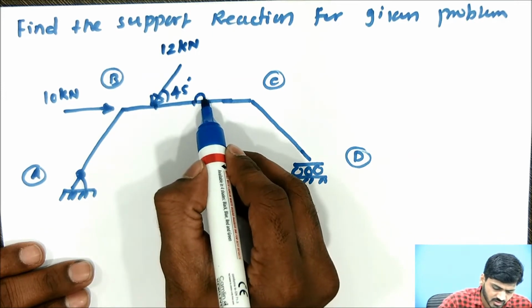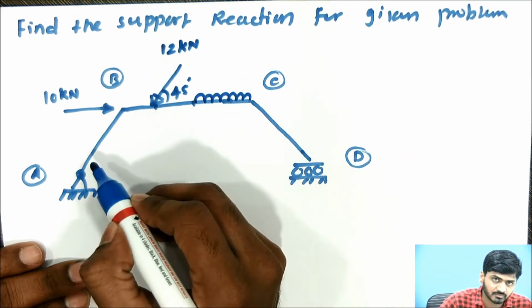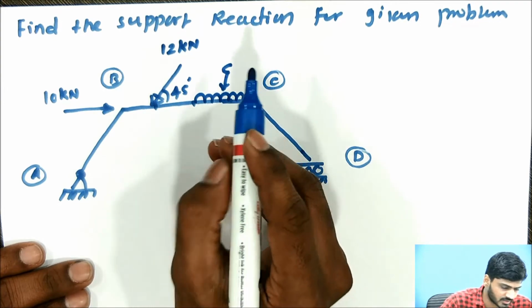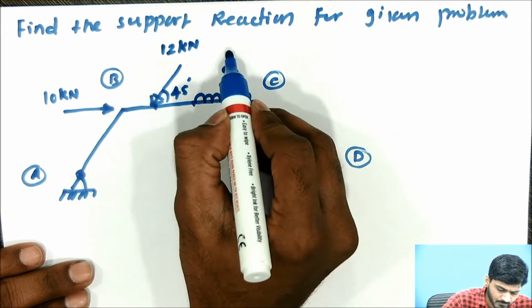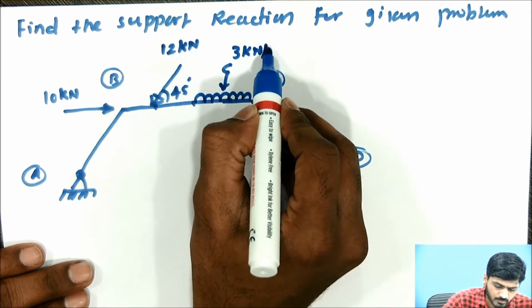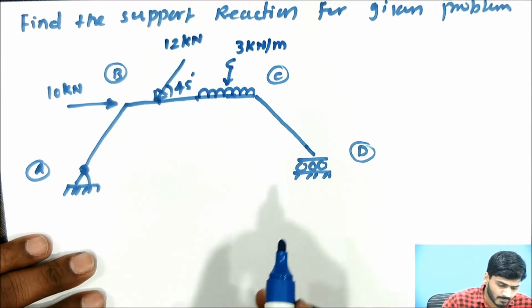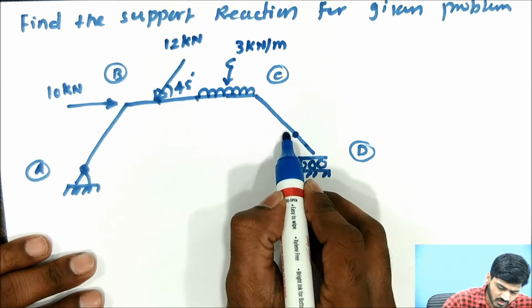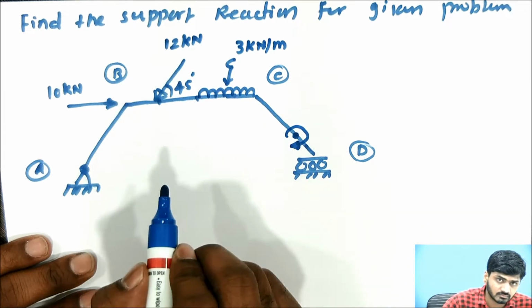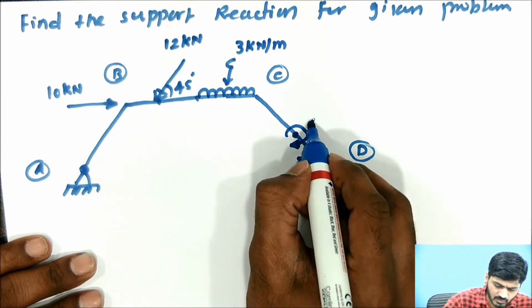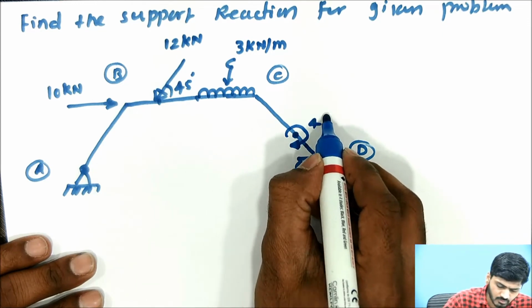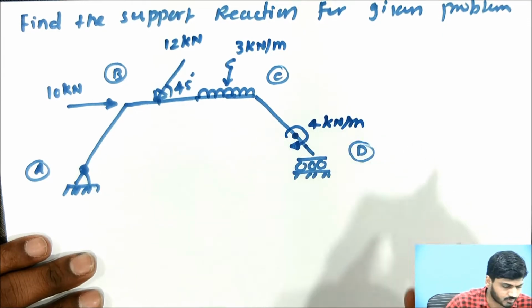Similarly, they have mentioned one UDL, and the intensity of that UDL is 3 kilonewton per meter. Further, they have mentioned another one, that is the couple, and the intensity of that couple is 4 kilonewton meter.